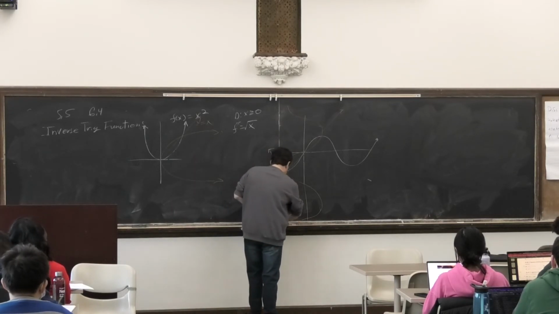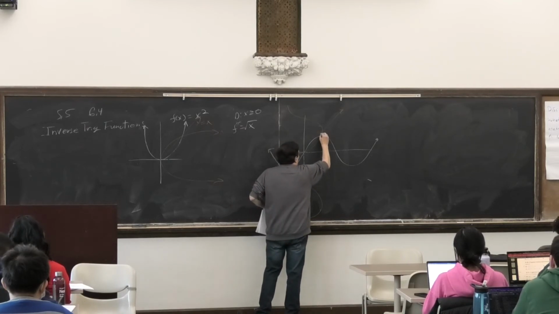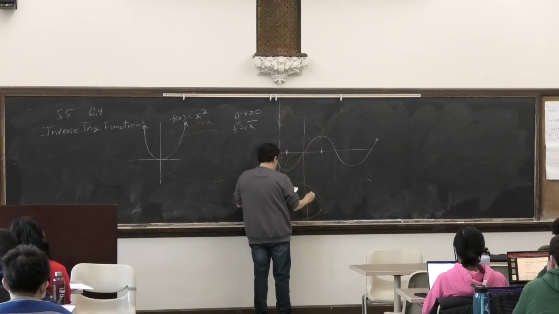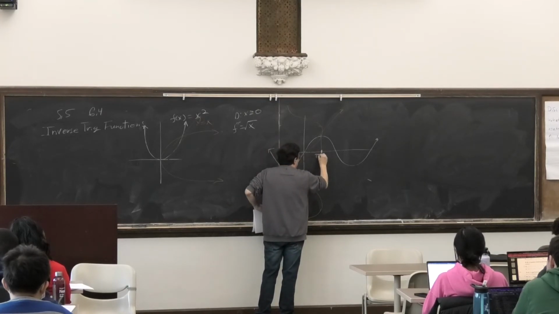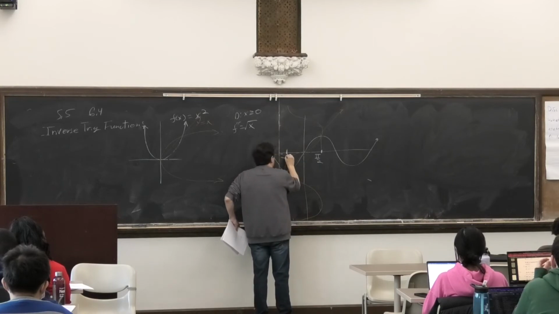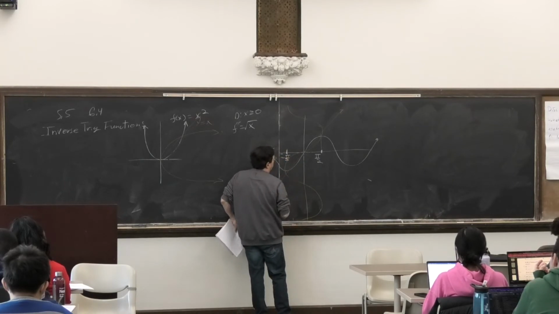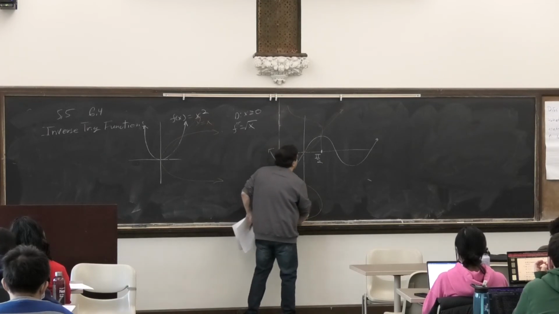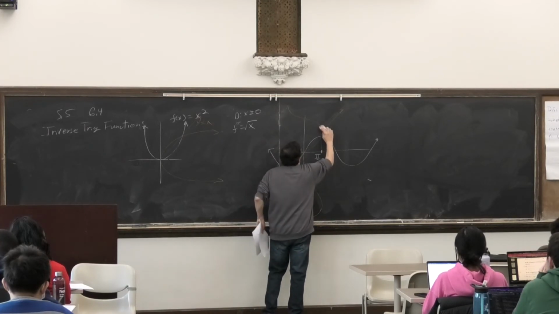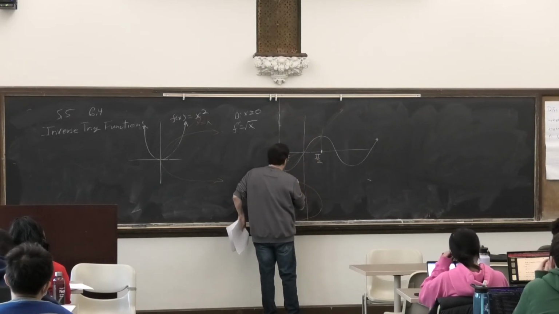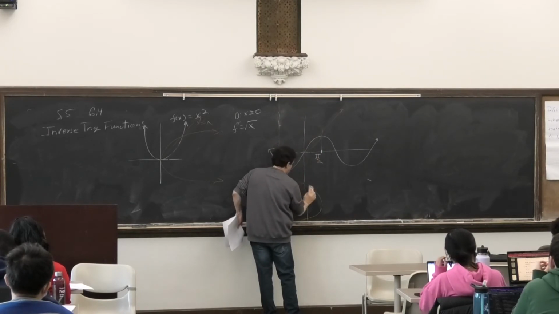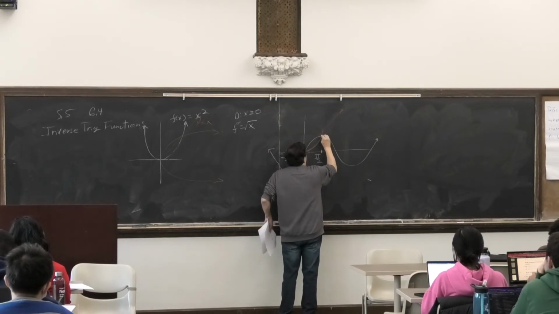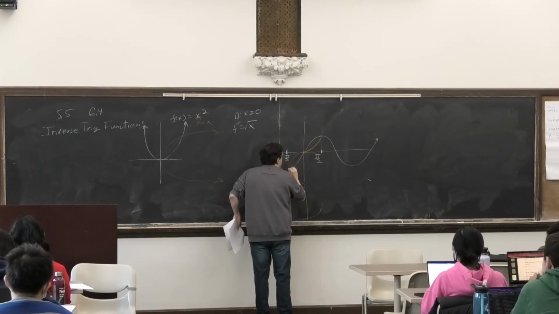In the case of the sine function, we're going to truncate the domain between negative pi over 2 and pi over 2. So instead of this very complicated function here, we're just going to get a function that kind of looks like this.